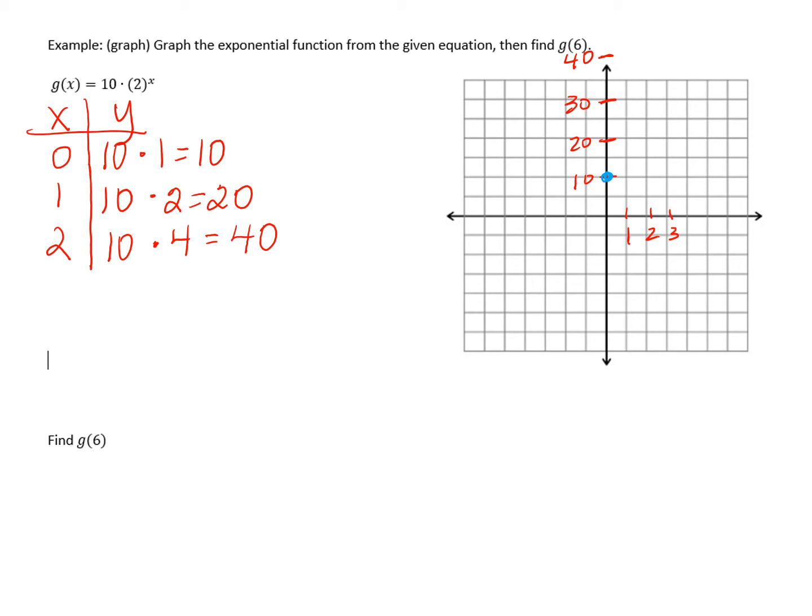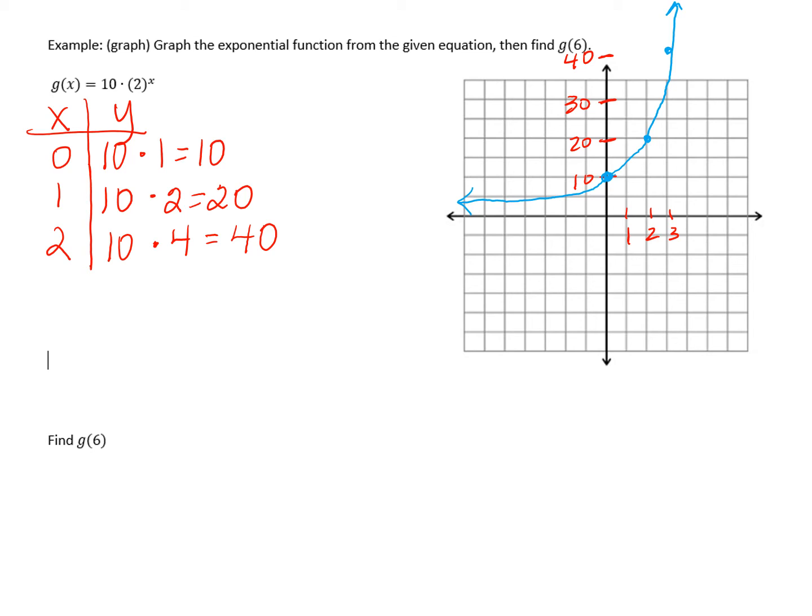And usually it's understood that you're counting by ones unless you specify otherwise. We would plot the point 2, 20 and 3, 40. Again, I know this is exponential, so I know that curve is going up. And then I know it continues down. Again, it's never going to become negative because I can't raise 2 to any power and get a negative number.